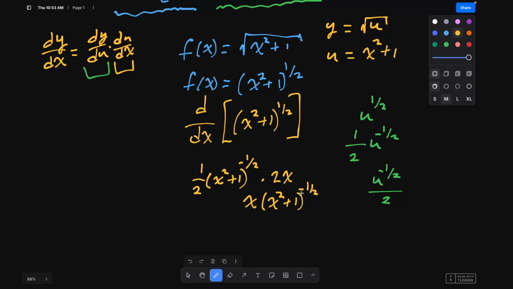If we remember our exponent rules, we can bring down a negative exponent to the denominator, and we end up with x over x squared plus 1 to the 1/2, and our 1/2 is a square root. So we can write the square root of x squared plus 1.